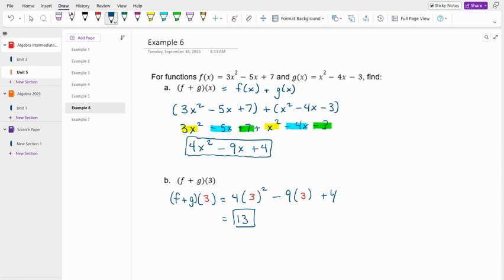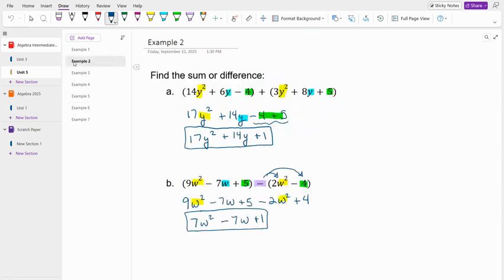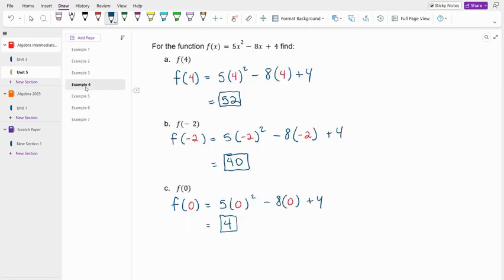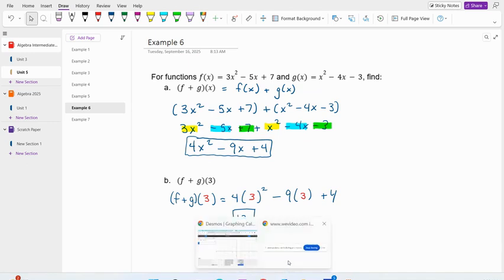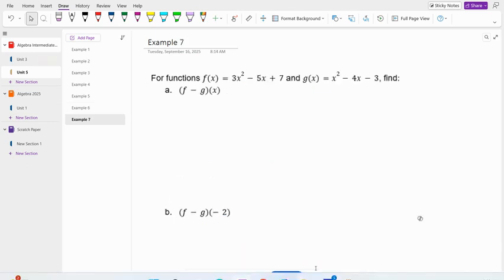So guys, that's adding polynomial functions. Pretty straightforward. It's looking a lot like what we did on example 2 and on example 4. So just combining those skills in example 6. If you guys have questions, please let me know. Otherwise, we'll talk in class.